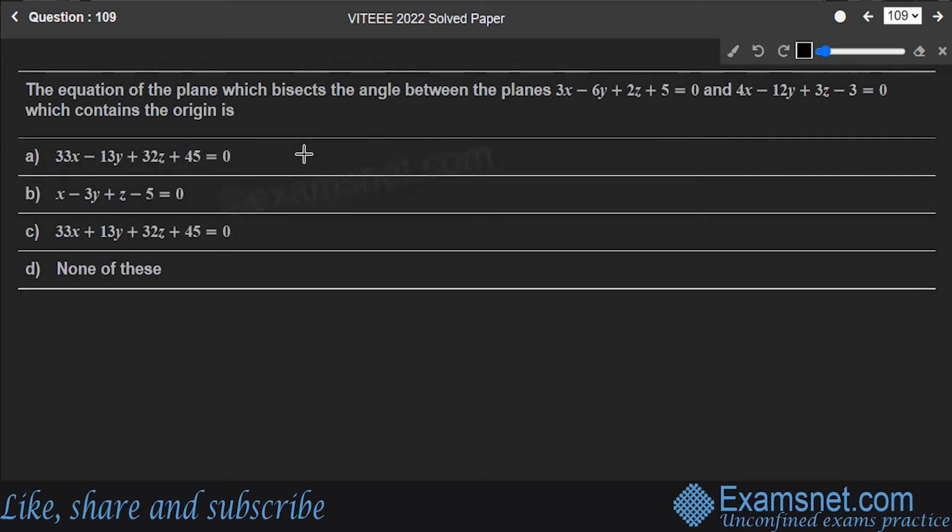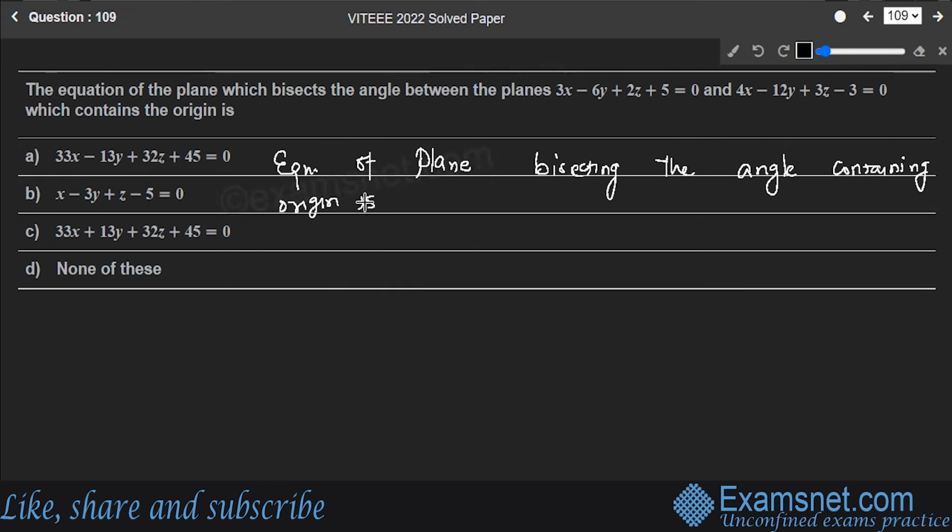Wait, let's write it down. Equation of plane bisecting the angle containing origin is making constant term of the same sign.